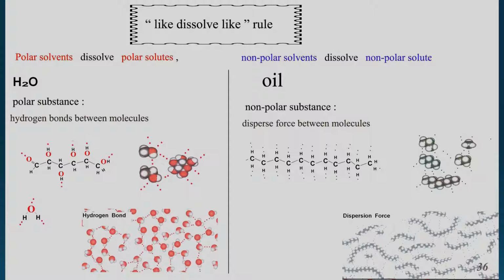So long as you are the same type, sugar, salt, apple juice, orange juice, all these dissolve. Oil, non-polar. They dissolve non-polar substances. They form dispersion force in between. So if you put butter, add peanut butter, add margarine, add petrol, they all dissolve.